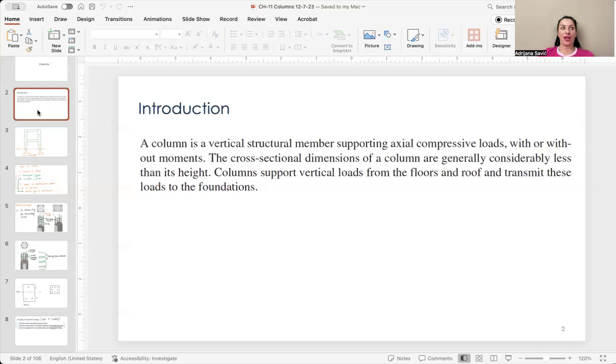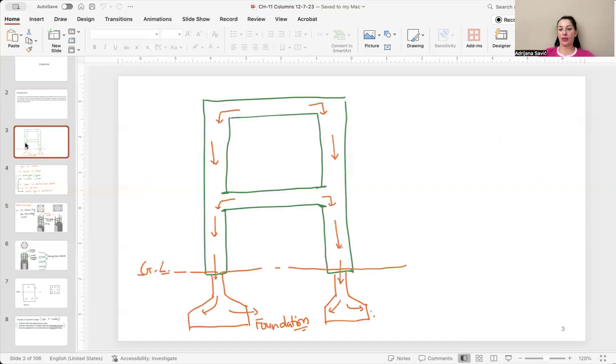The cross sections of a column are usually very small in comparison to their height, and a column supports vertical loads from the floors and roofs and transfers them down into the foundation.